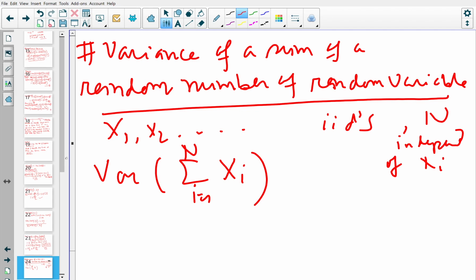Okay. Under this condition, this is homework. You can easily prove that. Let me write down the final answer.